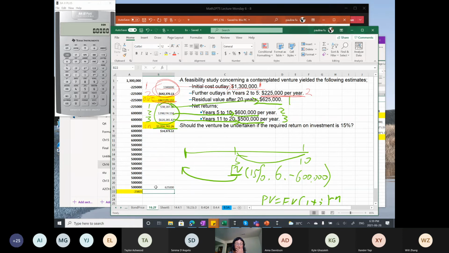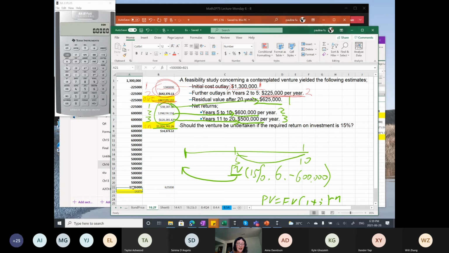So what happened in the last year? In the last year, you have to add 500,000 with the residue. That is the net return in the last year. So last year it is not 500, it should be the sum of 500,000 plus the residue value.